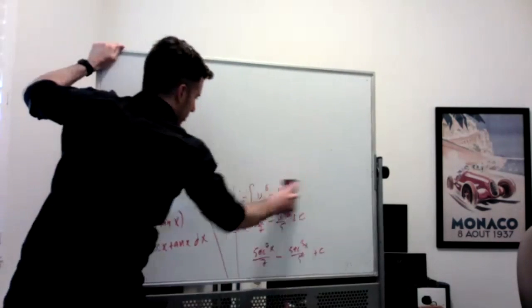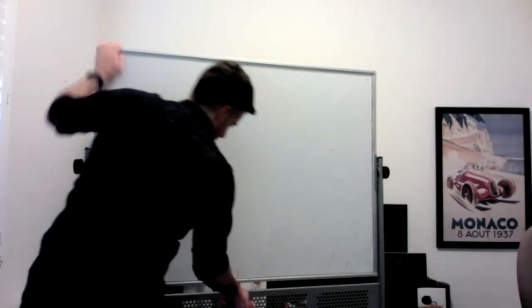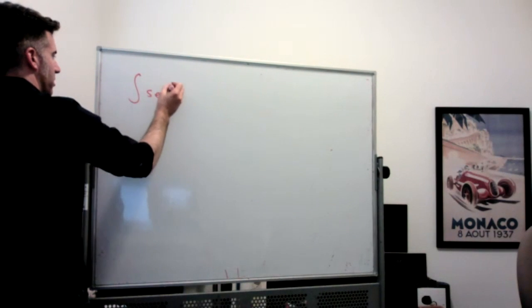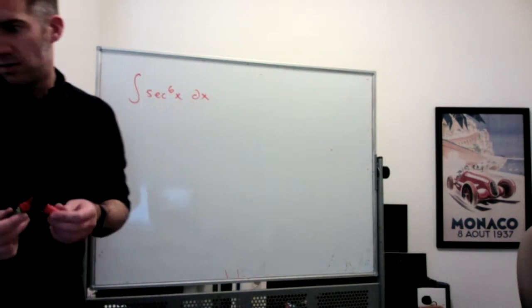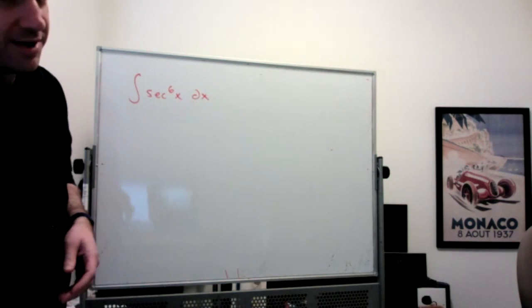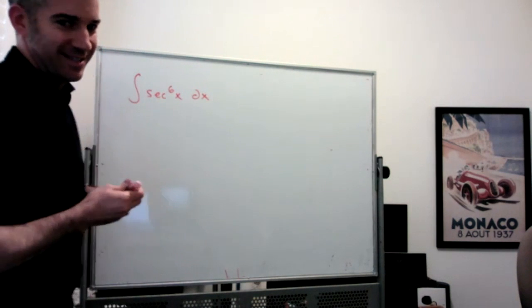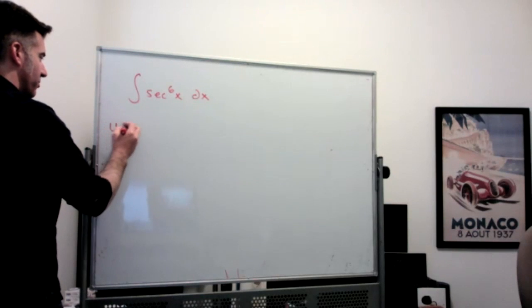Similarly, we could try to integrate something like secant to the 6th. So, any guesses what we might let u equal? Tangent squared or something.